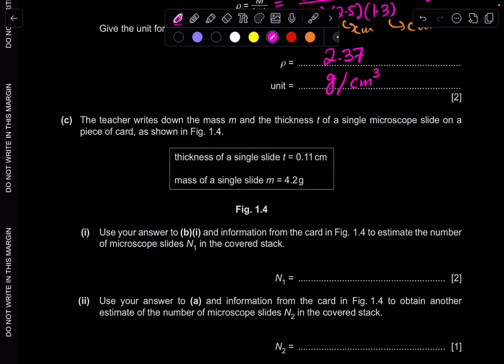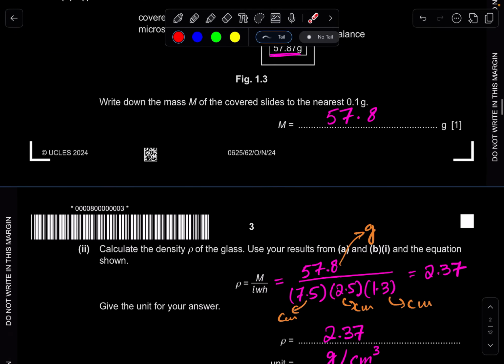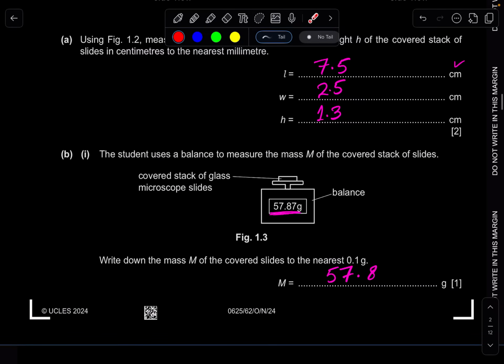In part C, use your answer to B1 and information from the card in figure 1.4 to estimate the number of microscope slides N1 in the covered stack. So from B1, we know the mass, that was the total mass, right?